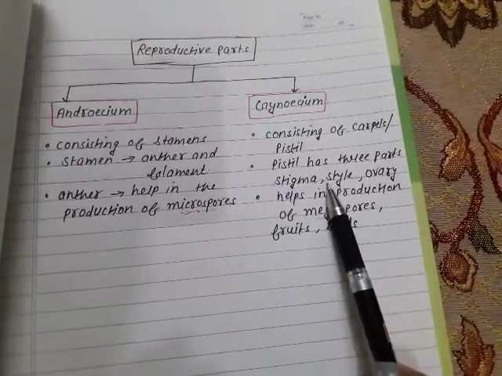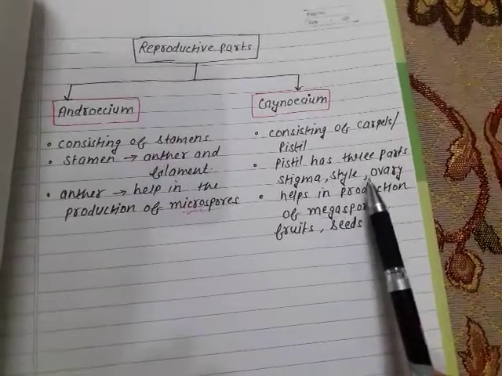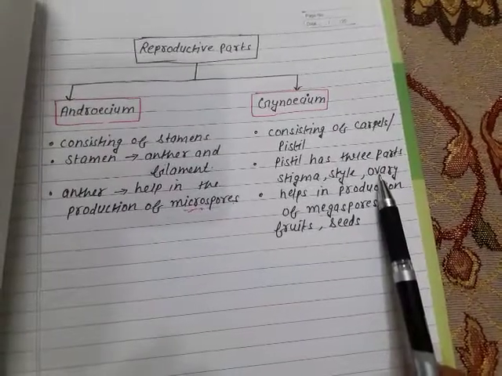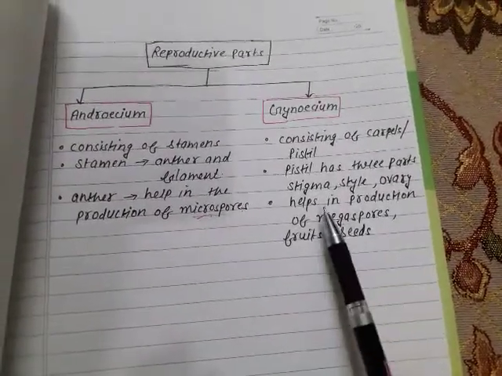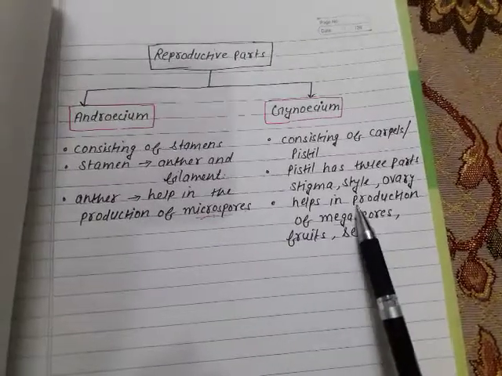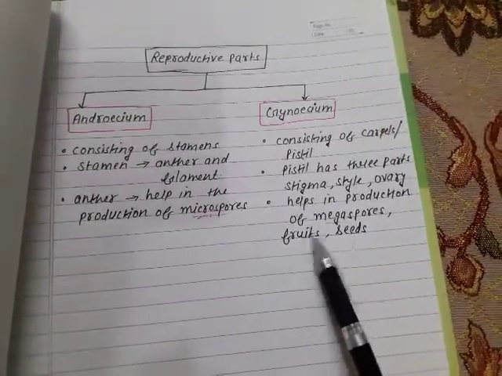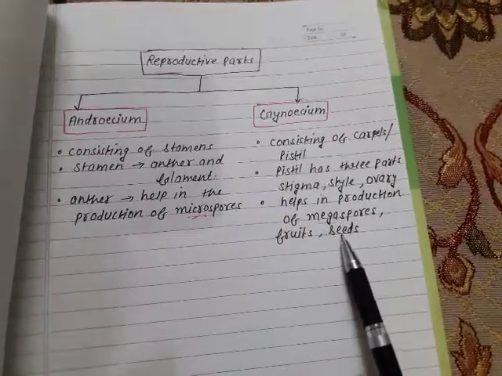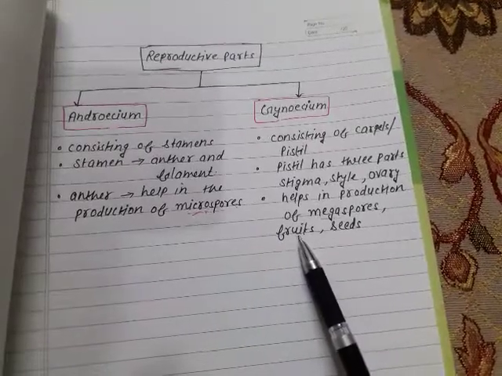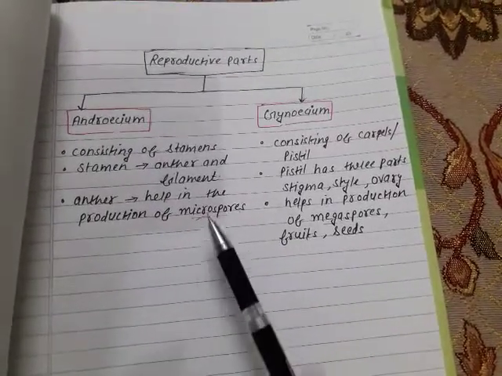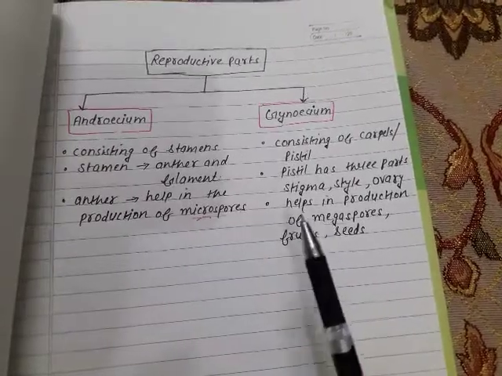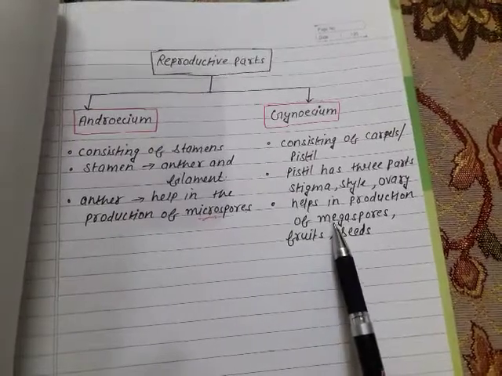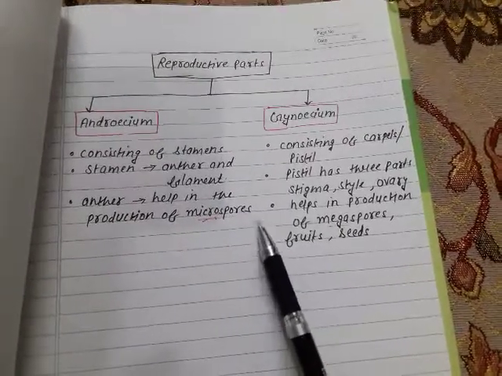Then a long stalk called the style, and the basal swollen part is called the ovary, and the ovary contains the ovule. Its function is the production of megaspores, fruits and seeds, because after fertilization the ovule gets converted into seed and the ovary makes the fruit. Remember one thing, micro is for male and mega is for female. These were the parts of the flower.